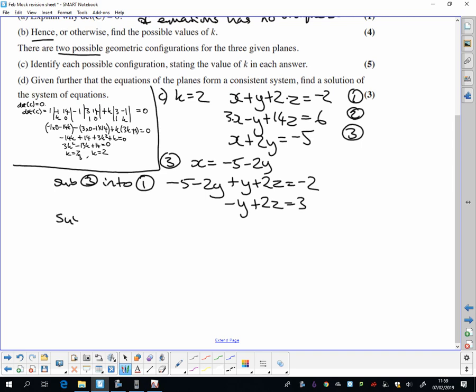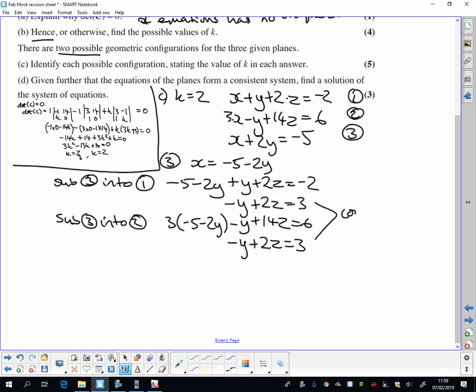I can then substitute my equation from 3 into equation 2. And if you rearrange that, you should be able to also get negative y plus 2z equals 3. And so we can see that these equations are consistent, and therefore it forms a sheaf.